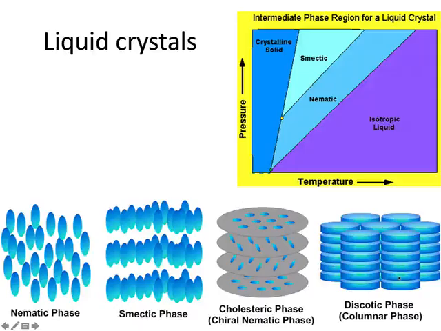And depending on the shape of the molecules, you can have other types of phases. And once again, you see that the phase diagram is very useful in order to understand the properties of these materials.